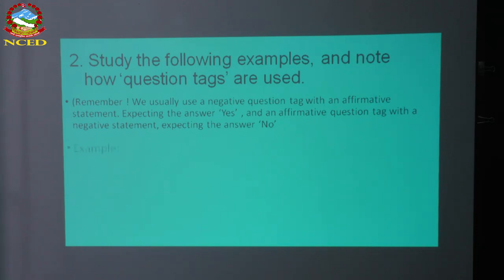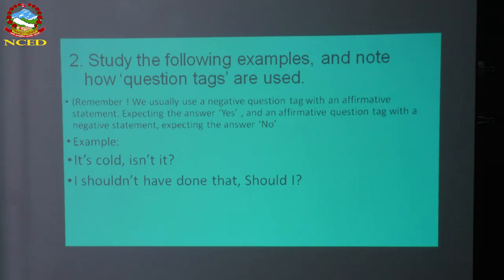Some more examples are given in your book. Examples like it's cold, isn't it? I shouldn't have done that, should I? I'm going to clear up, aren't I? Let's get started, shall we? Right? So, these are the examples given in your book.